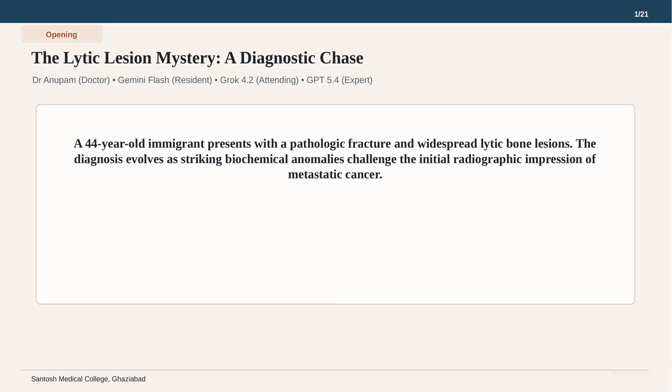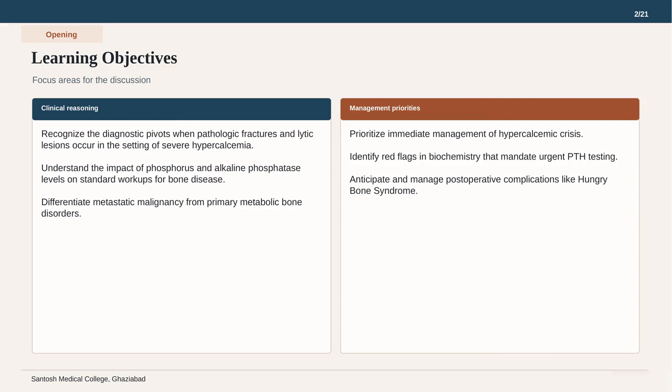Before we dive into the specifics of the patient, let's establish our core learning objectives for this session. Looking at these learning objectives, we have divided our focus into two main pillars: clinical reasoning and management priorities. On the left side, under clinical reasoning, we aim to recognize the diagnostic pivots that occur when pathologic fractures and lytic lesions appear alongside severe hypercalcemia.